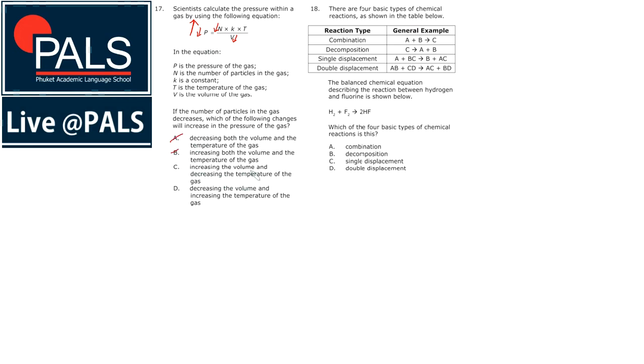Increasing the volume and decreasing the temperature, that would lead to a very, very large decrease in our pressure, so the last one is probably correct. Decreasing the volume, yes. Making that smaller will increase the pressure, and increasing the temperature of the gas, yes, that will outweigh the decrease in the number of particles, leading to a greater increase.